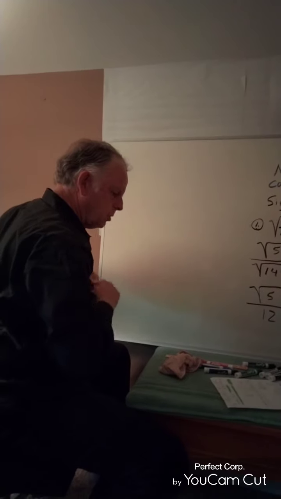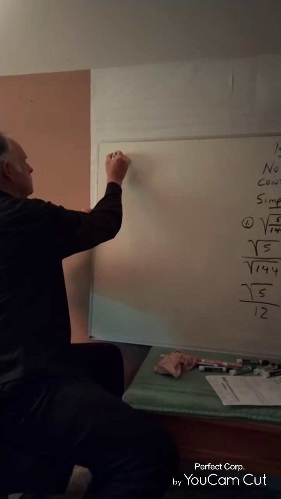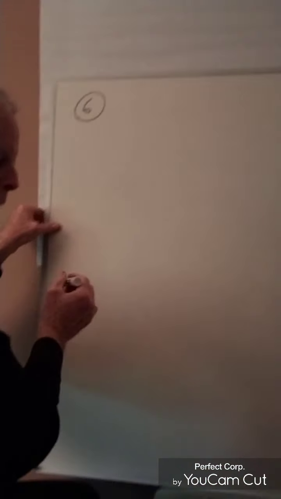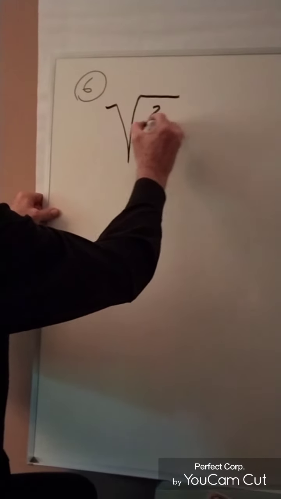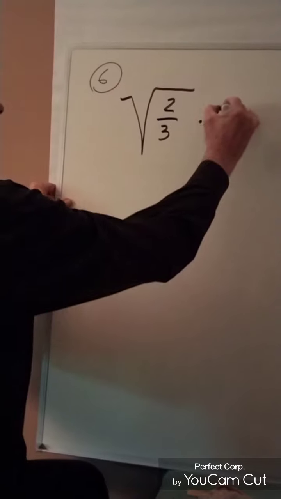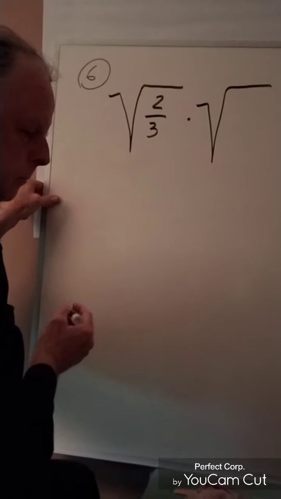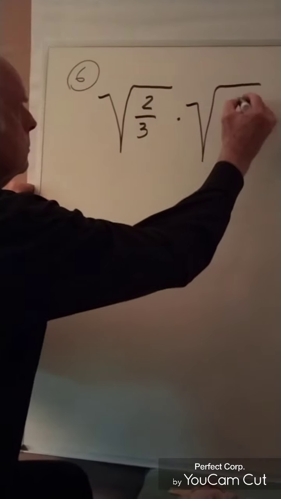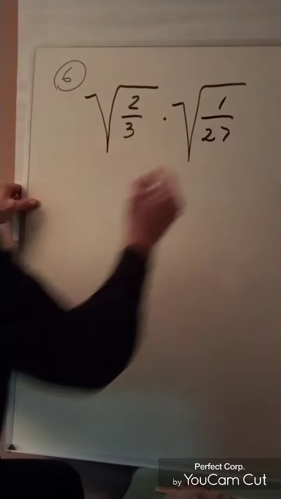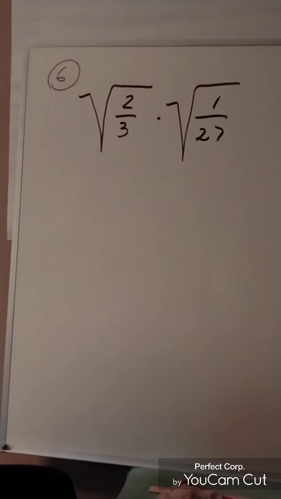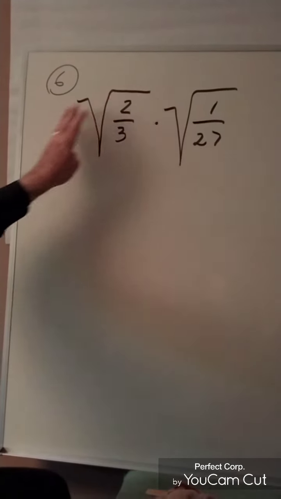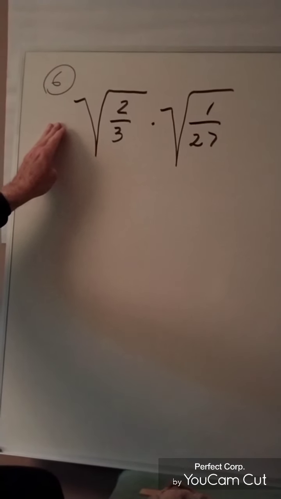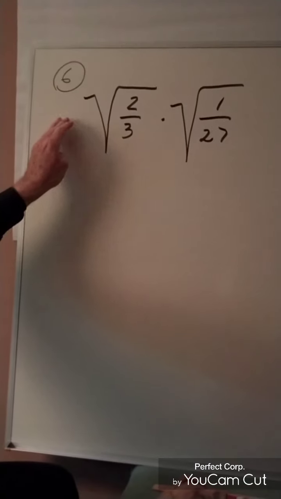Let's go to 6. It's a different little form. Back to square root, but looks like this. Rule number 2.